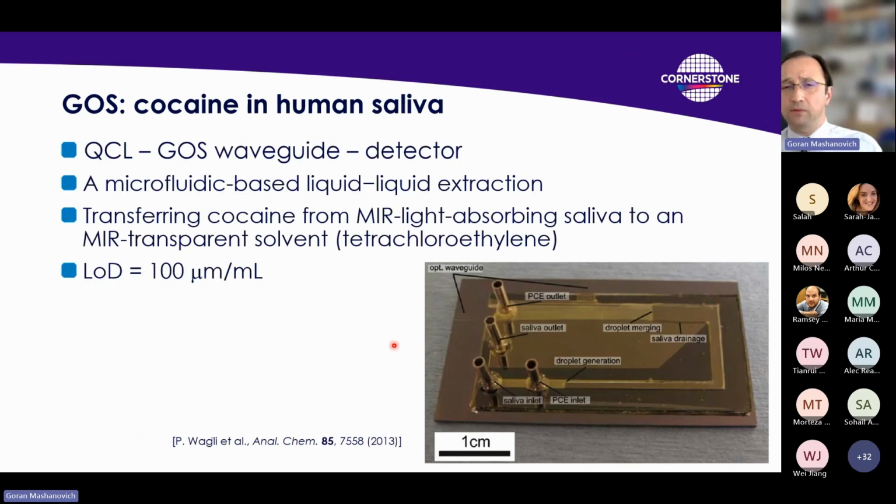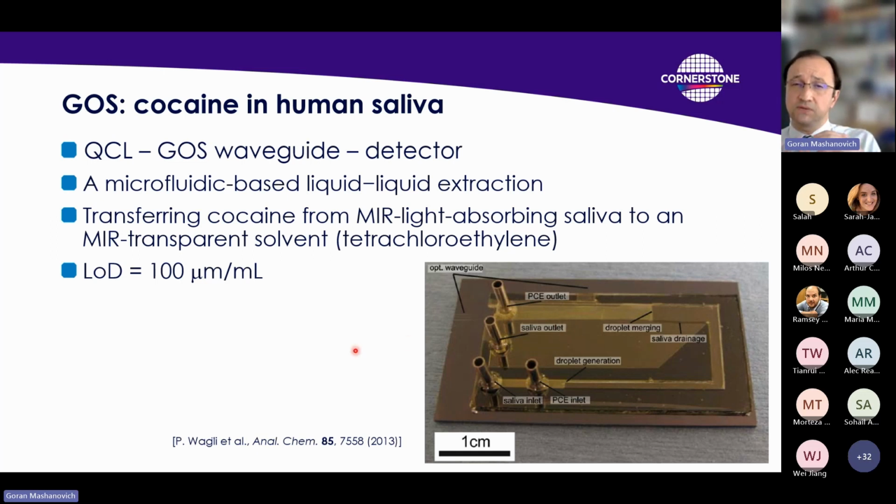I also want to point out another example where researchers from EPFL in Switzerland used the germanium and silicon platform to detect cocaine in human saliva. They also integrated the chip with a microfluidic-based liquid-liquid extraction system.